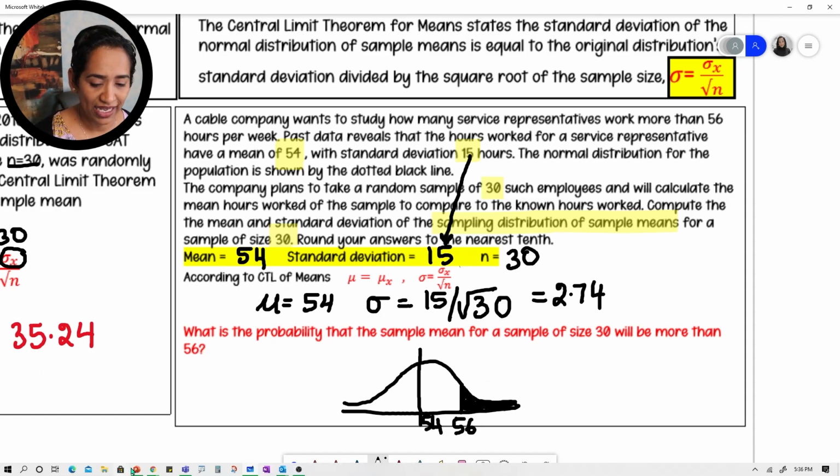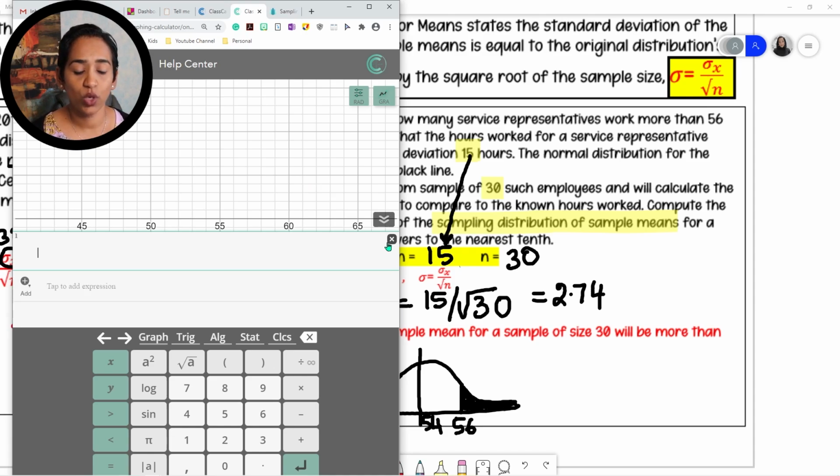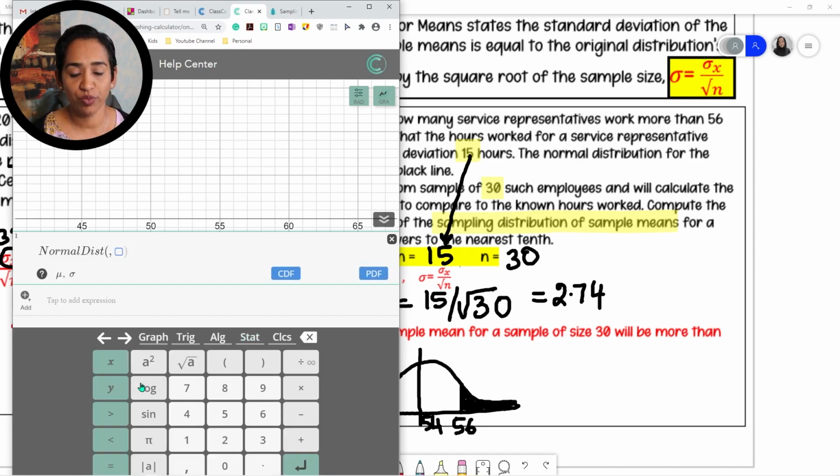Now let's go ahead and calculate it. You always make sure you are in a graphing calculator. When I'm trying to find the area under the curve, where do I go? Stats, distribution and plots, normal distribution.